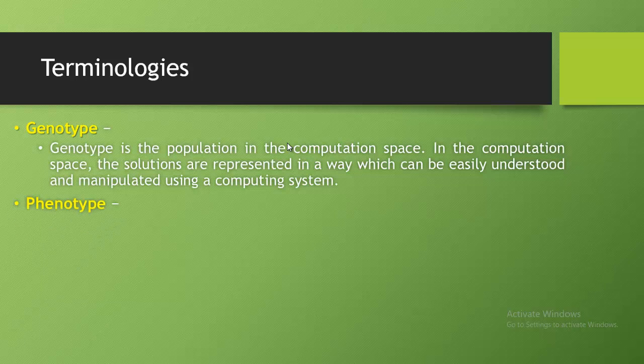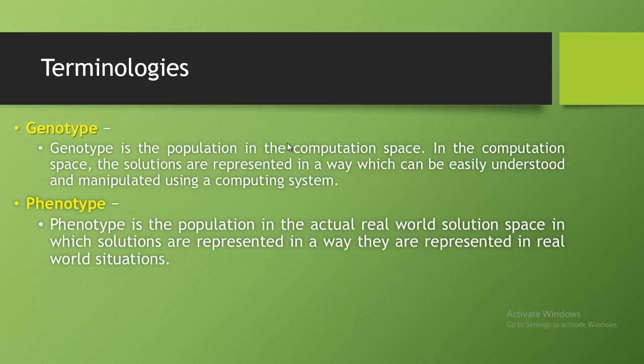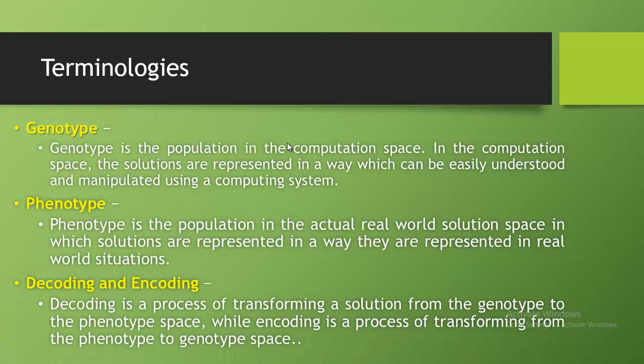Now, phenotype is the population in the actual real-world solution space, in which solutions are represented the way they are represented in a real-world situation. The next one is decoding and encoding. Decoding is the process of transforming a solution from genotype to phenotype, and encoding is the process of transforming from phenotype to genotype.